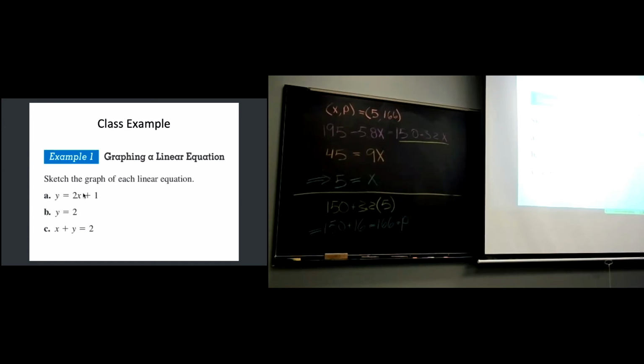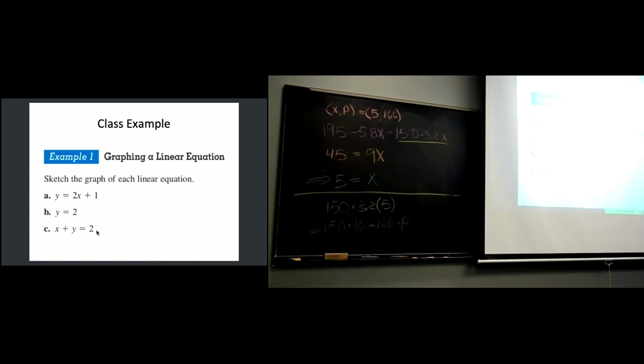What about A? Well, the graph of A is going to have to go through the point 0, 1. It's going to have a slope of 2. So it's going to be inclined kind of steep, but not too terribly steep. And it's going to have to, like I said, go through the point 0, 1.